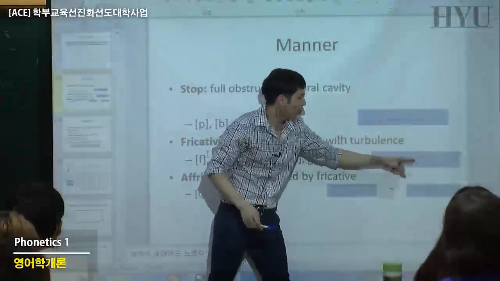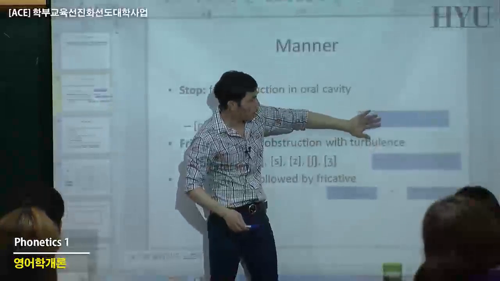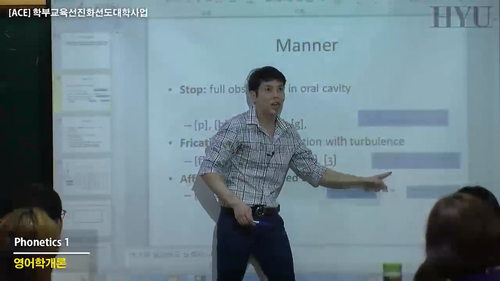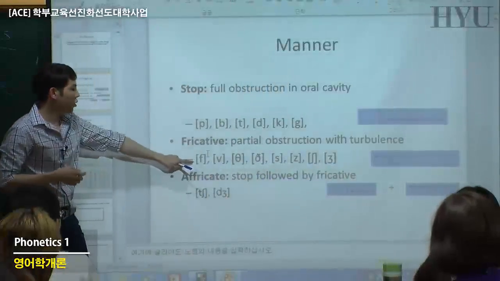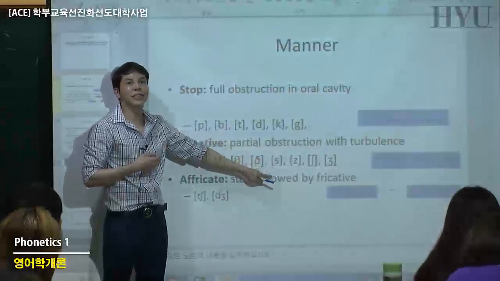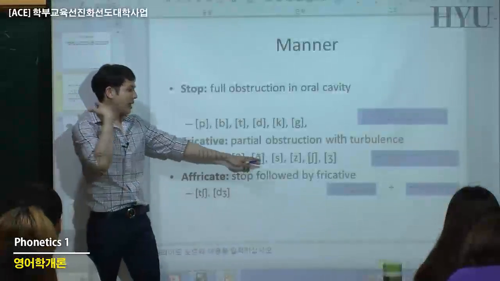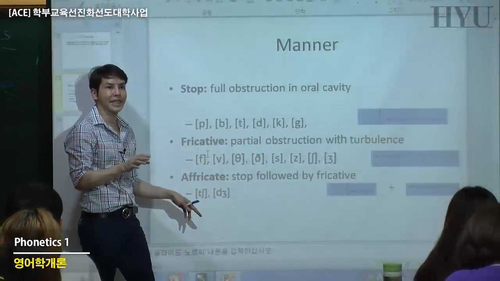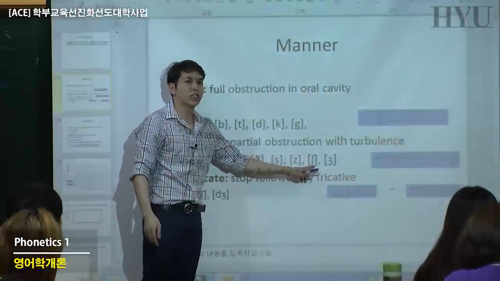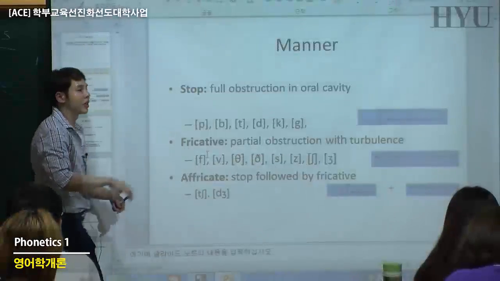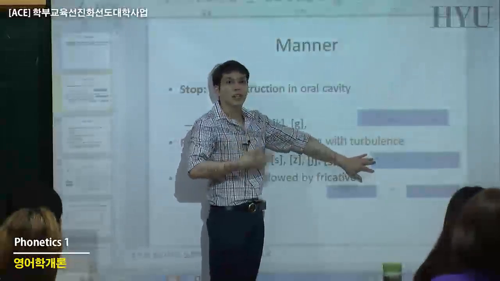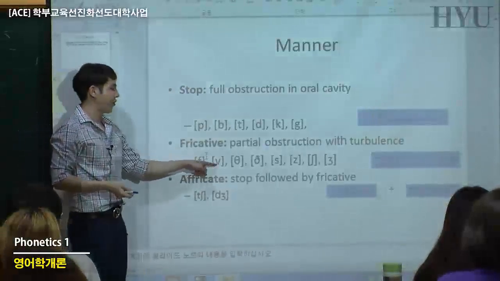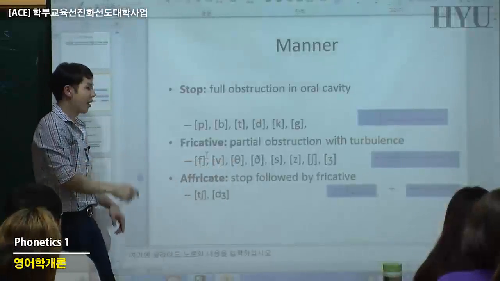So this is the diagram. It can come out, not blocked like that, but with friction in the air. When you pronounce the S sound, for example, the sound can come out continuously, but it's not smooth, meaning there's friction in the air.